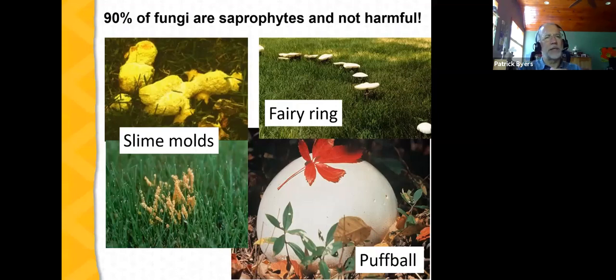Again, in many cases, these are actually beneficial organisms because they take part in the process of decomposition. And as they break down matter that was once living, this activity releases nutrients that can be used by plants. It also helps break down living plant matter into organic matter that becomes a more or less permanent part of the soil. And of course, there are lots of benefits related to organic matter in the soil.